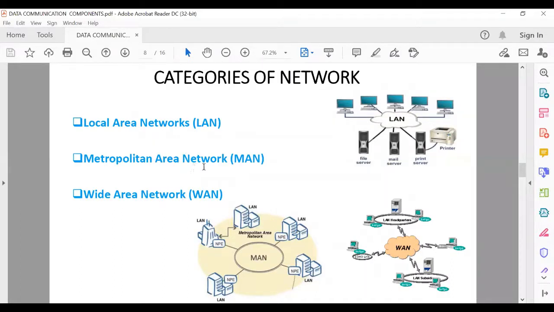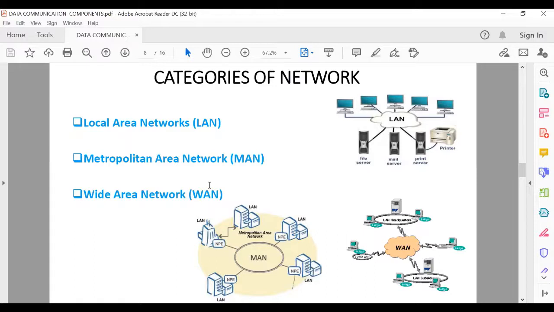In between, it is called MAN. Typically, it covers a distance of 5 to 50 kilometers. Now, the geographical area covered by MAN is comparatively larger than LAN, but smaller than WAN.